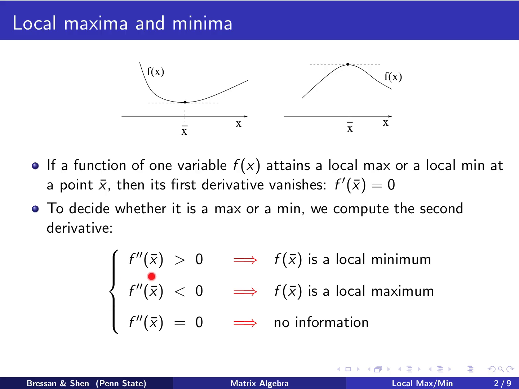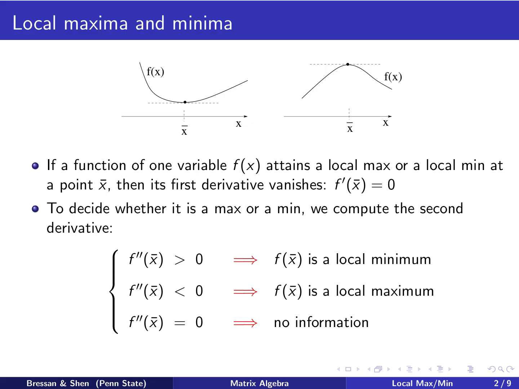So if the second derivative is bigger than 0, then that point is a local minimum, like this one. And if the second derivative is less than 0, then the point is a local maximum, as this one here. And if it is 0, then that's not enough information for us to determine. So we can't conclude, and we have to run further tests.